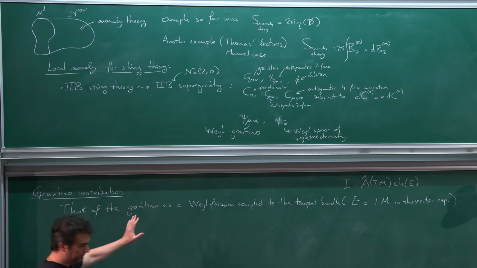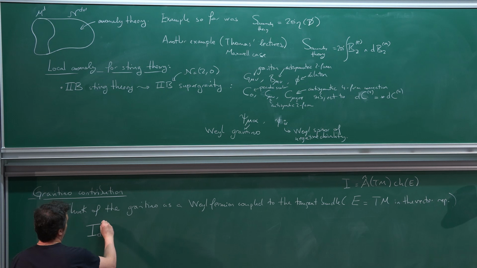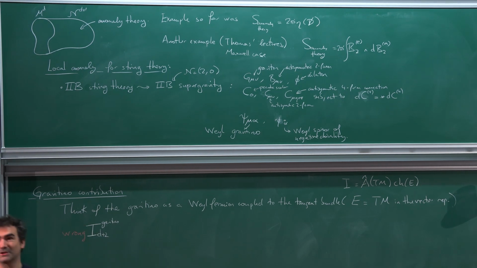So I can almost write the correct formula thinking in this way. So I want to write the index density, the thing that's going to give me the curvature of the determinant line bundle for a gravitino. But there's a subtlety here that I'm going to discuss in a second. So this is the wrong formula. I'm going to fix it in a second, of course.